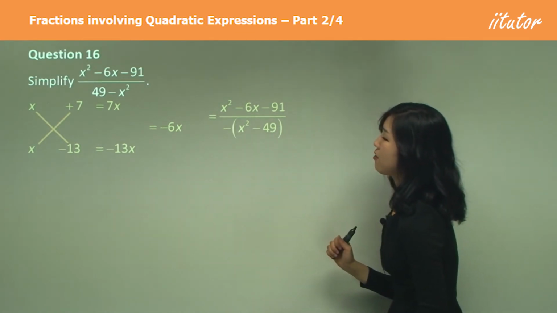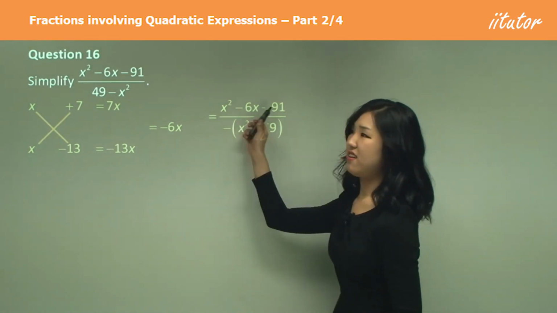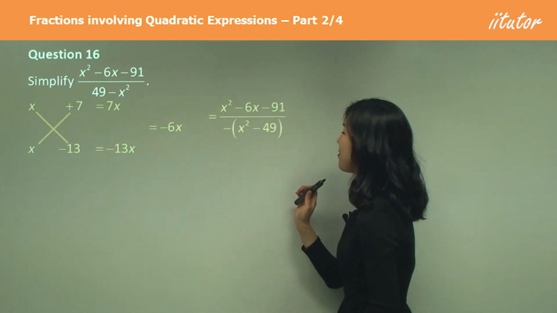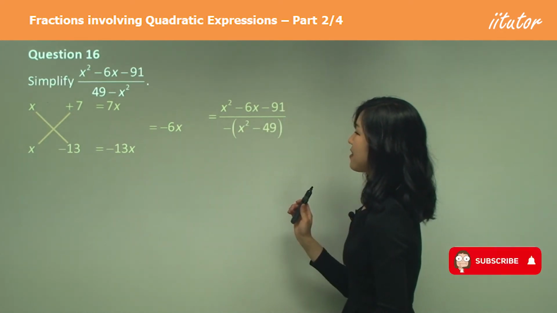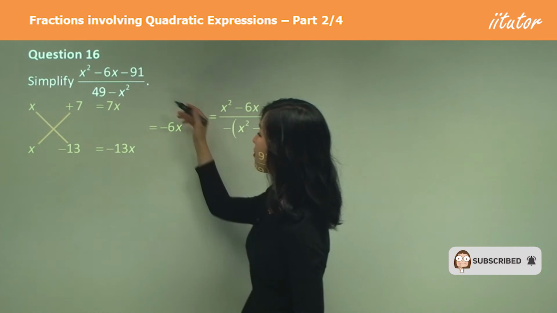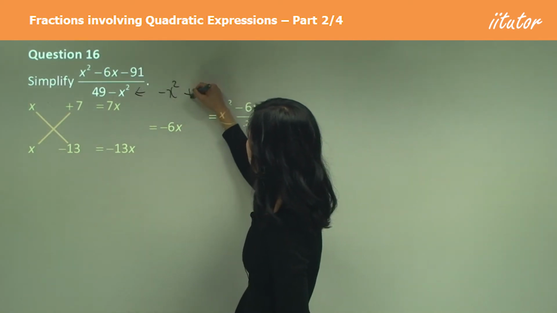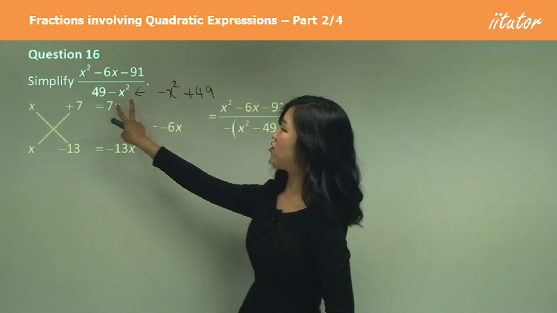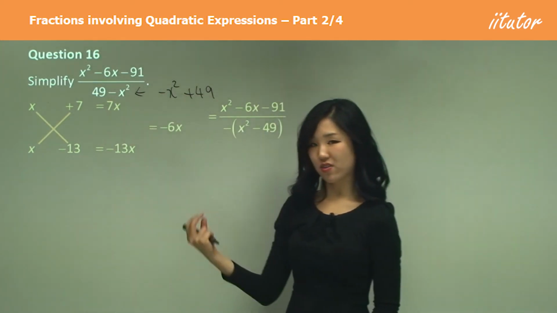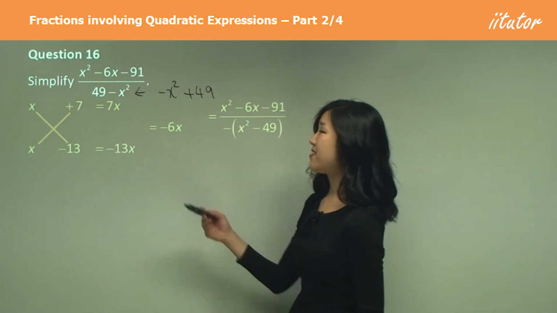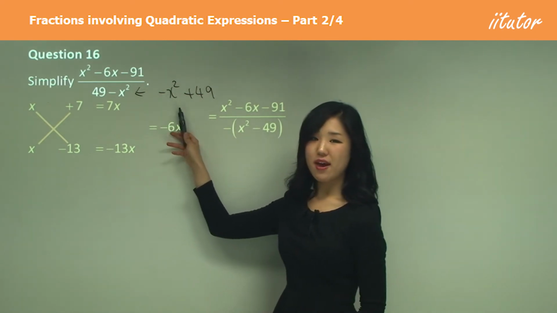Okay, now the denominator, I'll put that in a second on the numerator. But what I did for the denominator is, see how this is -x squared plus 49. I just swapped them around because I always want my x squared to come first. And as I said, I don't want to have a negative in front of my x squared.